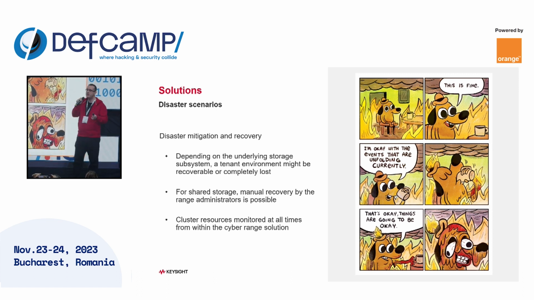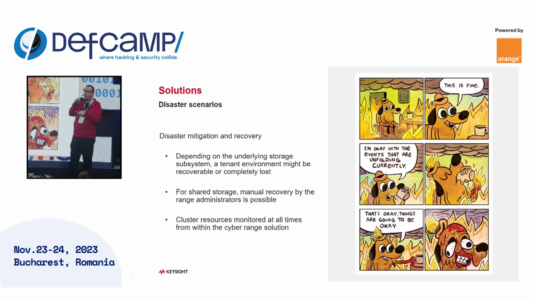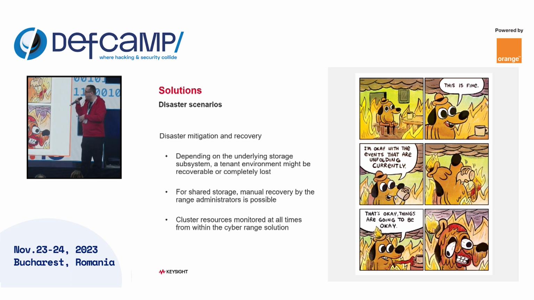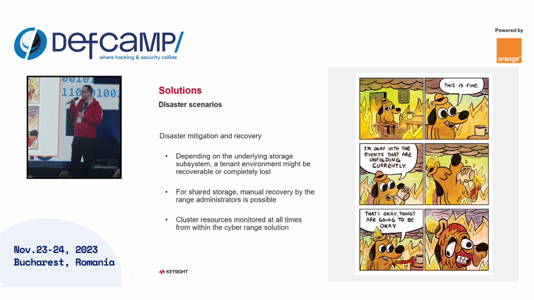But if you use shared storage, where the hard drives are not local to the NUC that you lost, a team administrator or range admin can come back and restart those virtual machines, that tenant space, that isolated space, somewhere else on a different piece of hardware. That is very possible with shared storage, so manual recovery.